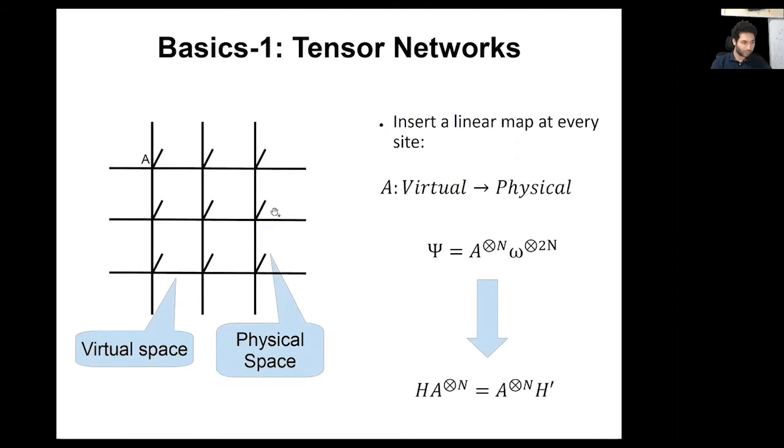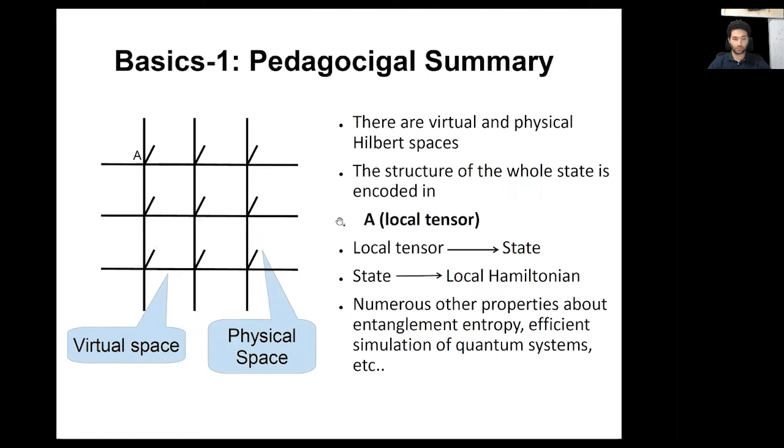Who gave us the A? Oh, we tried to find it by an educated guess, right? Yeah, great question. A can be an educated guess. And the whole problem is to find the right A for a relevant Hamiltonian. Of course, we don't really know how to do it in principle.